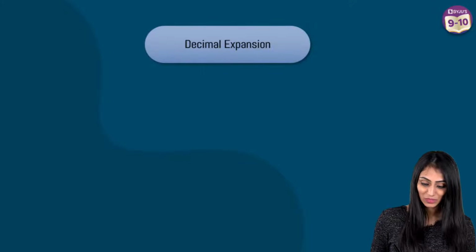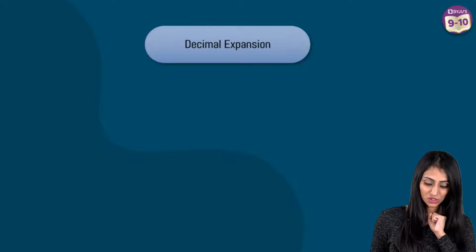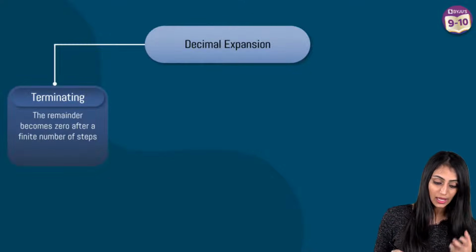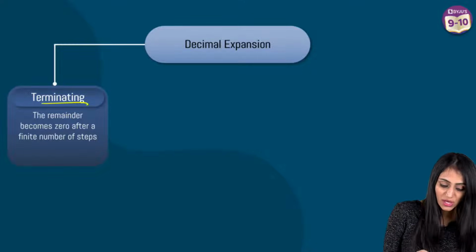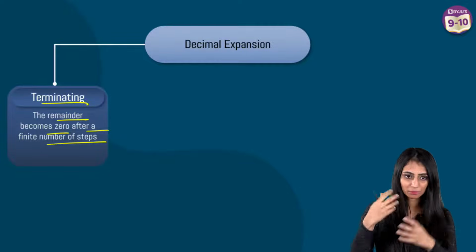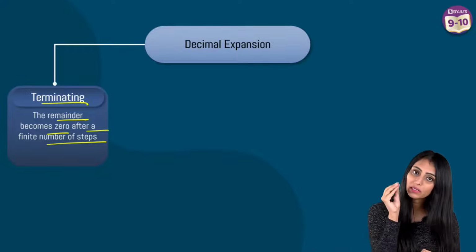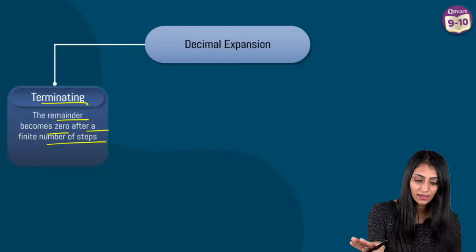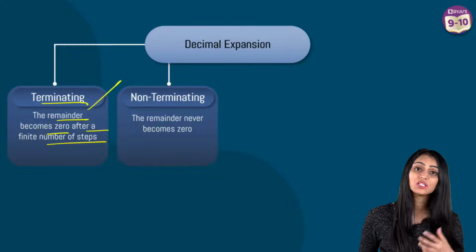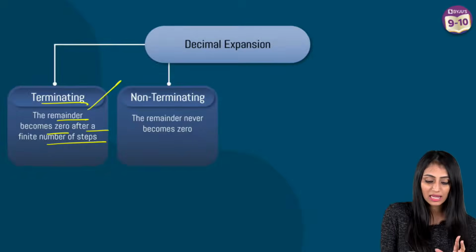So let's see that. When we talk about decimal expansion, there are different kinds. First is a terminating one. Terminating means, as the name suggests, that it will end. That means the remainder will become 0 after a finite number of steps. When we are dividing something and you get the remainder 0, your division ends there. That is a terminating decimal expansion. Then comes the non-terminating one, where the remainder never becomes 0.